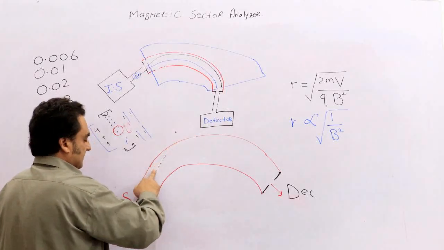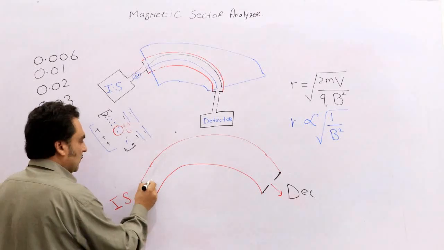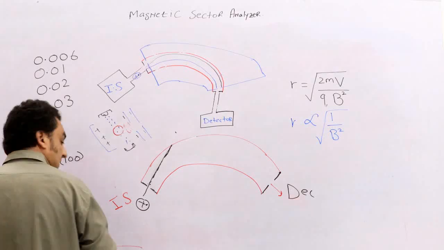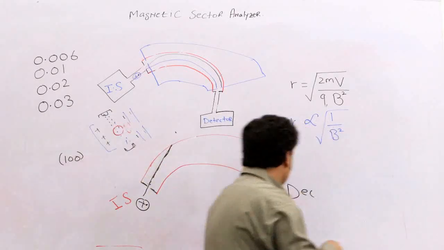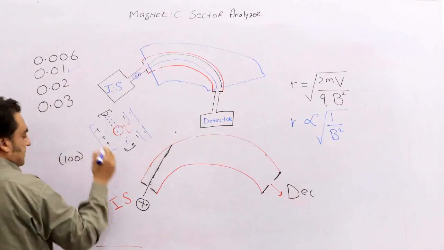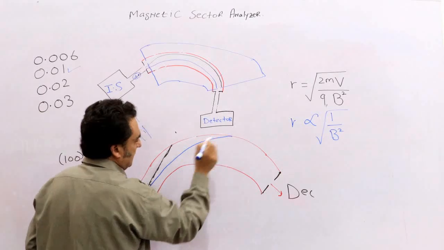Now the curved path will be, okay, this is the old one. Let me write, suppose this is the old one. Now the new one will start curving. Now you are using a good magnetic field, but unfortunately it collides here.